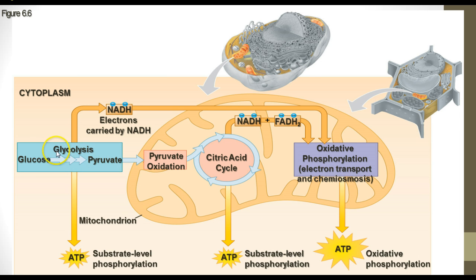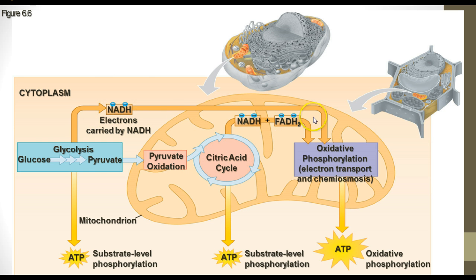There are three main parts to cellular respiration. We have glycolysis, which happens in the cytoplasm. That's the first step, and it makes a little bit of ATP and some NADH. We have the molecule pyruvate, which is produced from that, which enters the mitochondrion and is oxidized to another compound called acetyl-CoA, which enters the citric acid cycle, produces a little more ATP and some more NADH and FADH2.